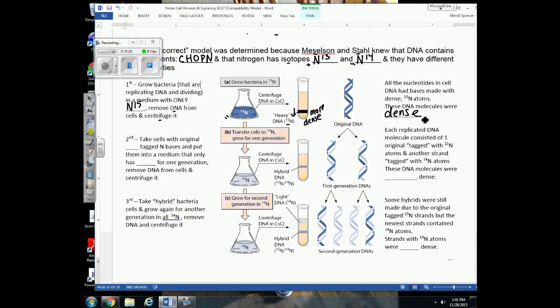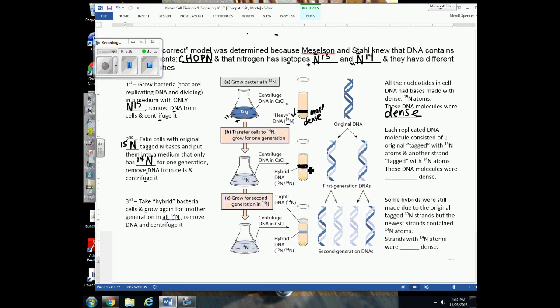Then what they did is they took some cells out of this first batch that had been tagged with that nitrogen 15, and they put them in a medium that only contained nitrogen 14. And they let them grow for just one generation. So these cells copied their DNA once and they split in two, and that was it. They removed the DNA from these cells, and again, they centrifuged it. And what happened is the band wasn't so far down in the centrifuge tube.